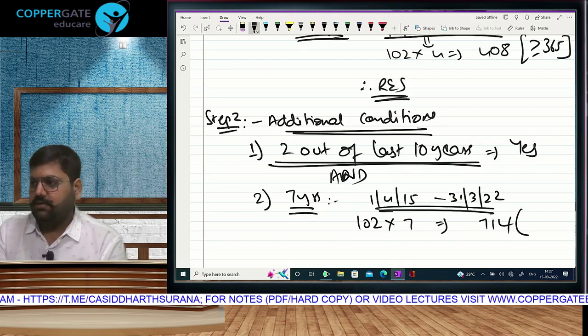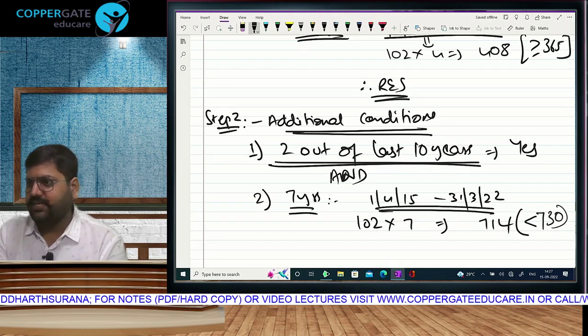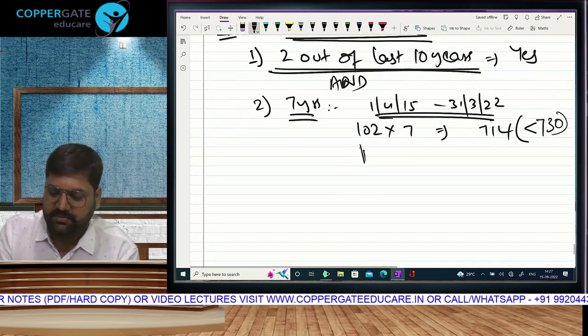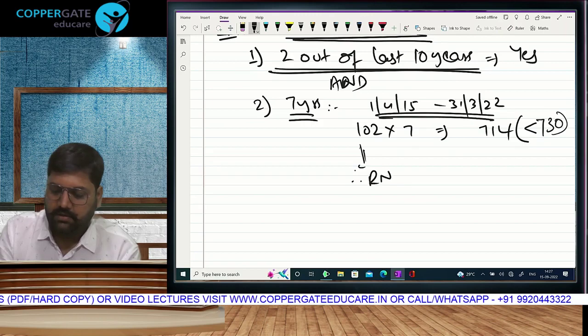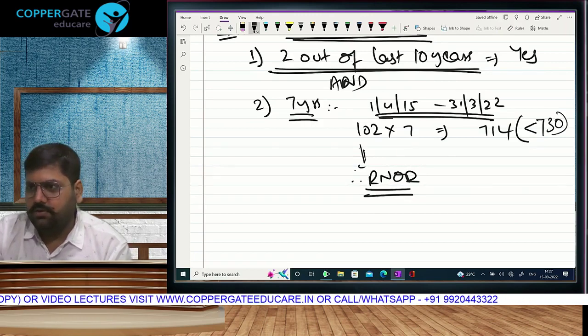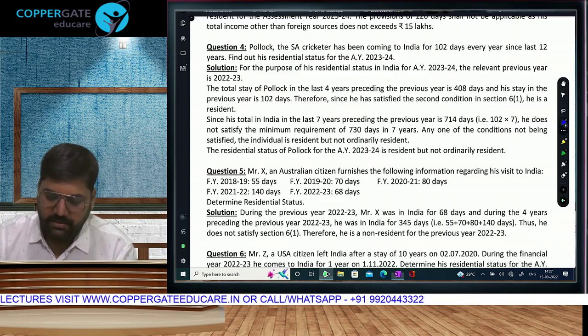This is less than 730. Equal to नहीं रहे. Equal to होता तो फिर we would have said satisfied. Less than 730. Had it been equal to, तो चलता. And therefore the status becomes R N O R. Understood? मित्रों, वेरी इजी. चलिए लेट्स गो.